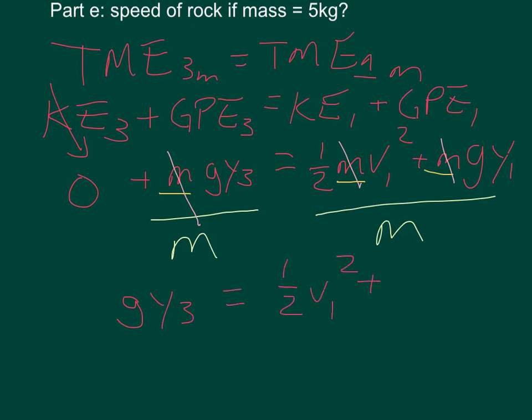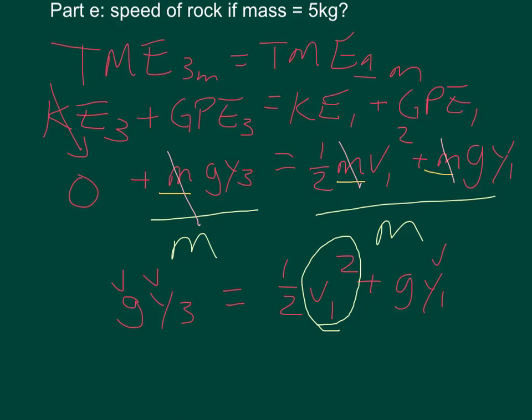If we just stop here to look at it, what this is saying is the speed of the object at 1 meter depends on the acceleration due to gravity, the height at which it was dropped, and the height at which it currently is. But it doesn't depend on the mass at all.